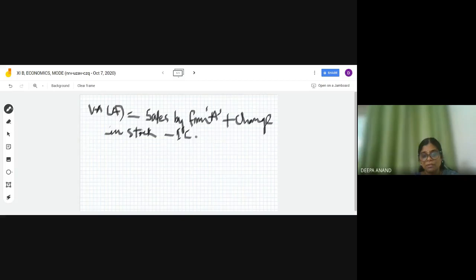Okay, sales or the output. Here, according to the question, sales is given, so we have written sales. Sales by firm A plus change in stock minus intermediate consumption. As change in stock is given in the question, we will go with this formula.